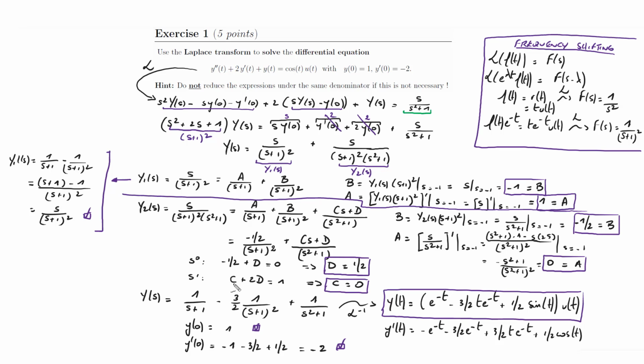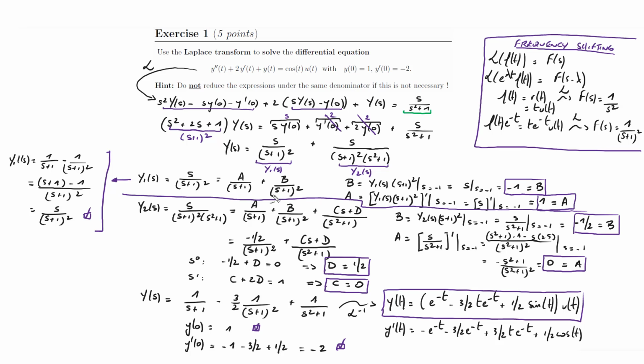So the equation is c plus 2d is equal to 1, because here in the numerator you have indeed the s. We have d is a half, so this is 1. You have 1 over here, so c is equal to 0.